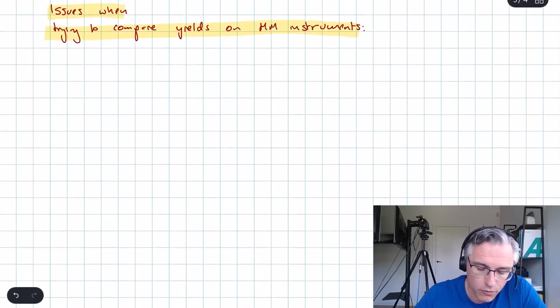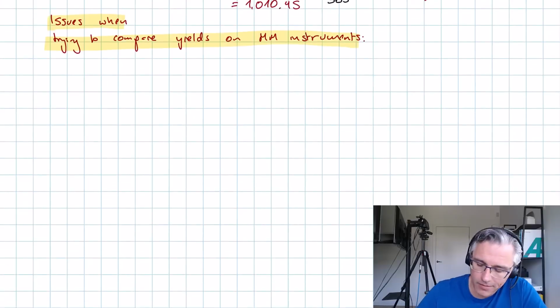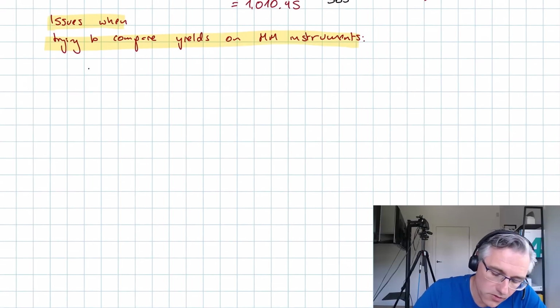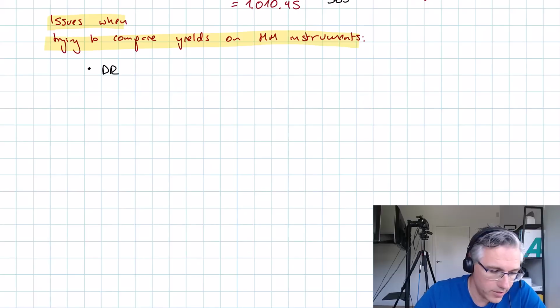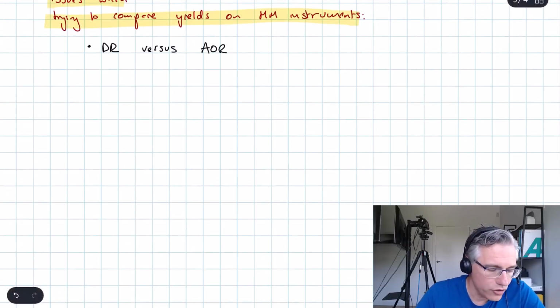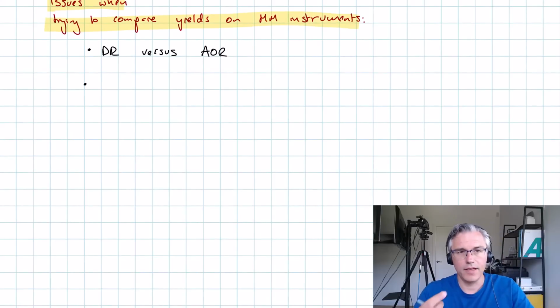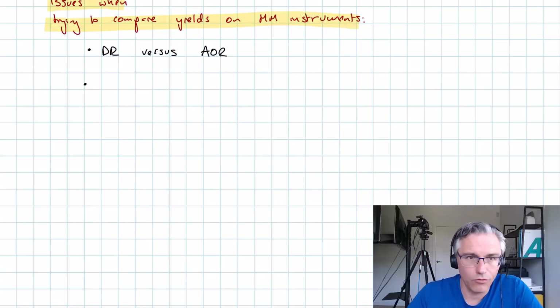Obviously one is lower than the other, but you can't just make a direct comparison, because one is computed on the basis of the discount rate, whereas the other is computed on the basis of an AOR, okay, which leads to specific problems in terms of how the rate is stated, based on what.